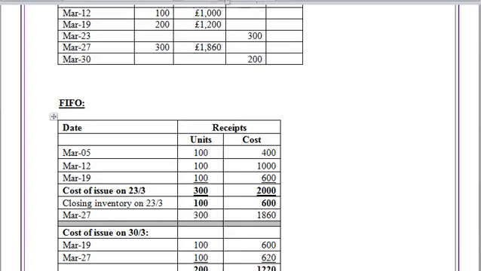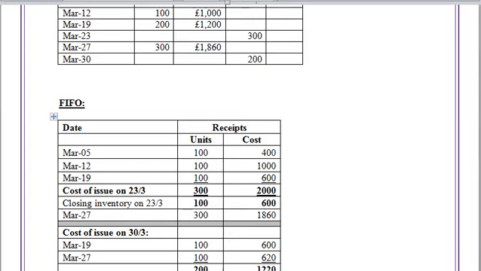And what did it cost me for 200? I still find the cost of one, then multiply by 200 in this case. 1860 divided by 300 times 200 will give me 1240. That will tell me the cost of the closing inventory of 200 units.